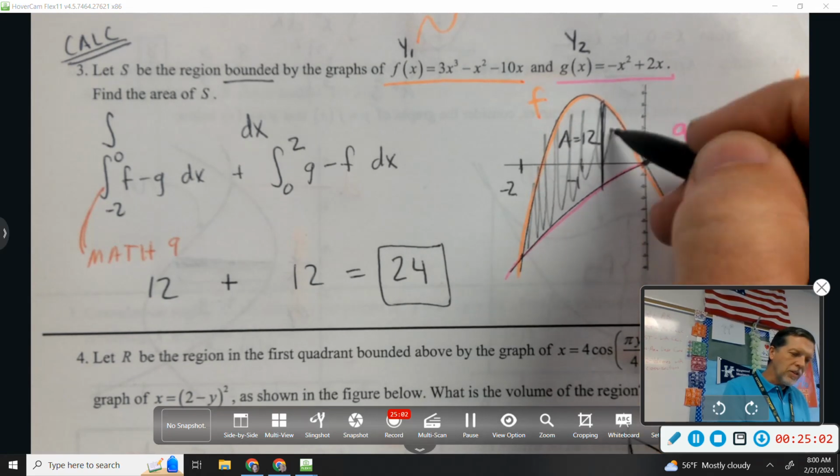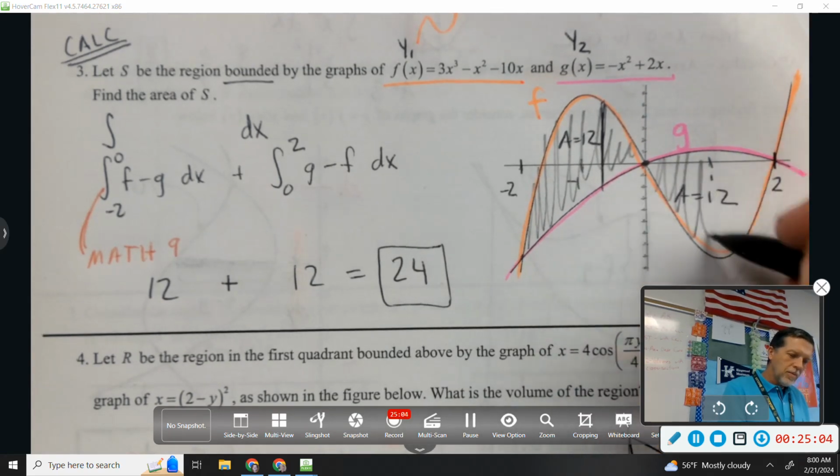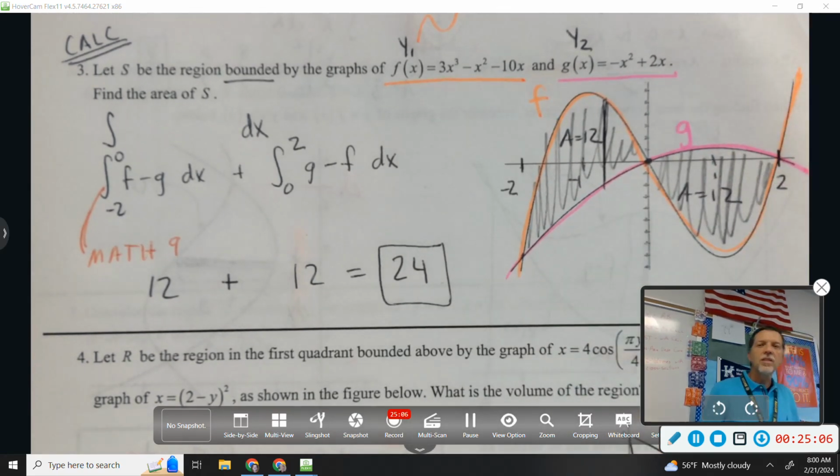The sum of those areas is something. So you would have caught the mistake if you did F minus G the whole way. All right, the point of that one was be careful, it's always top minus bottom, so you may have to split it up to make sure you get top minus bottom the whole way.